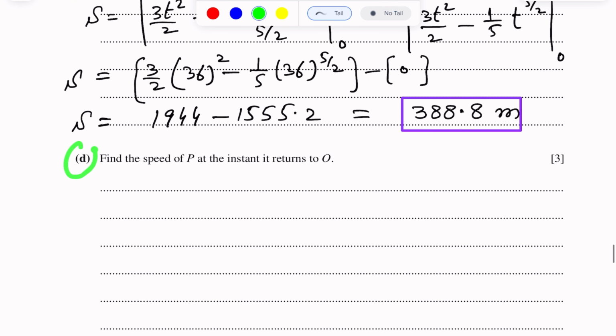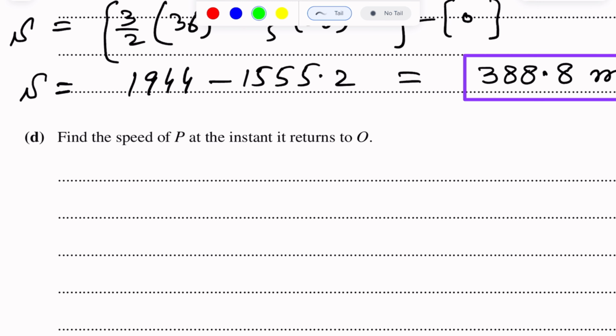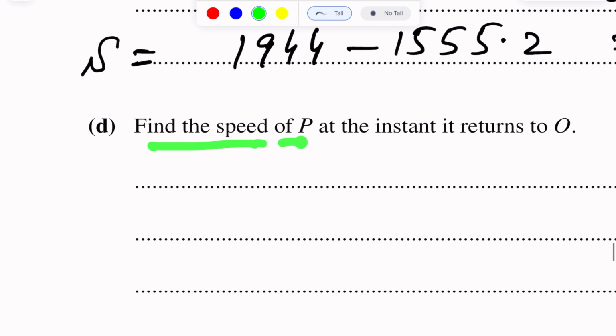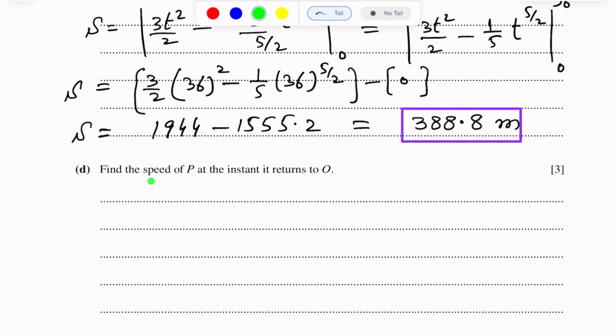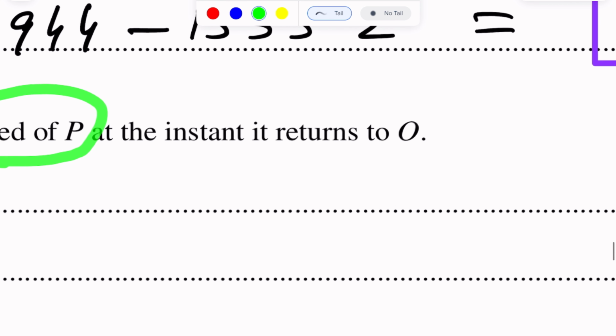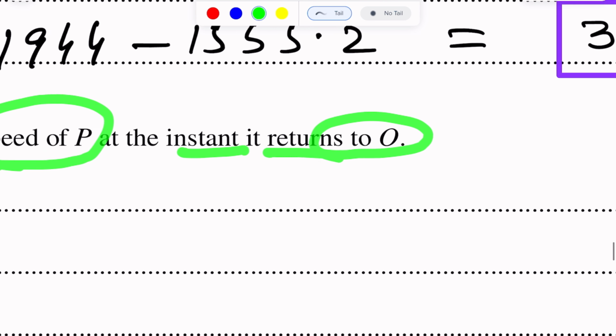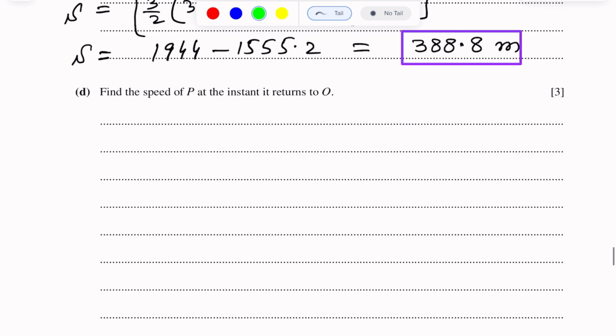And now the last part of this question is, find the speed of P at the instant it returns to O. First the particle starts from rest from O on this side.